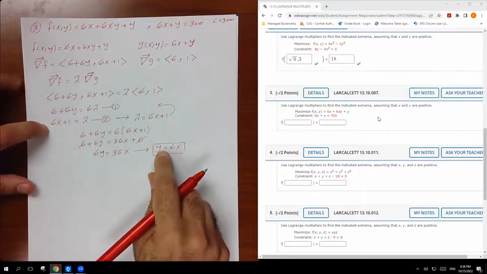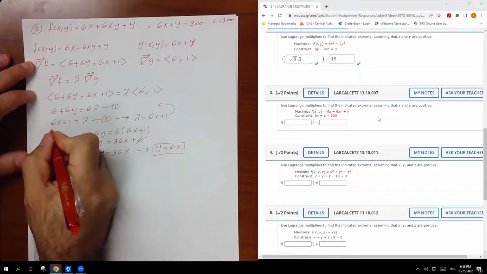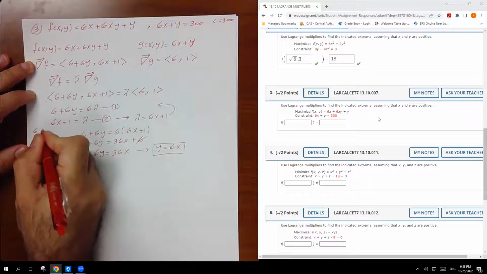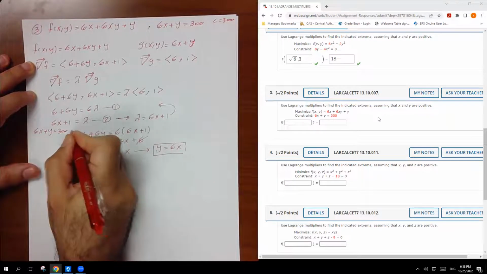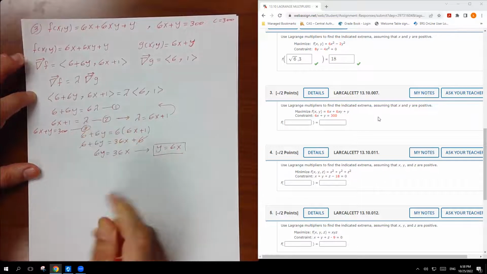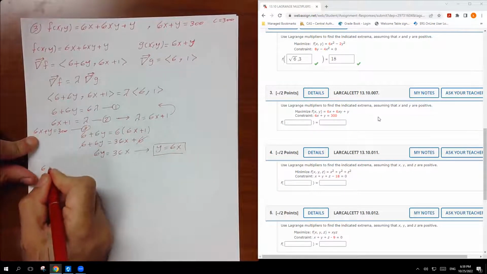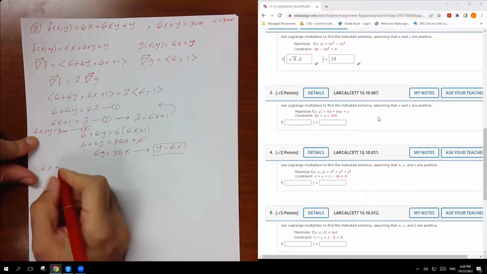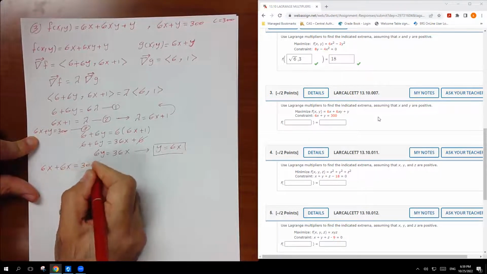I forgot to write down the constraint here, which is 6x plus y equals 300. I'm going to plug in y here. So 6x plus y, which is 6x, equals 300.